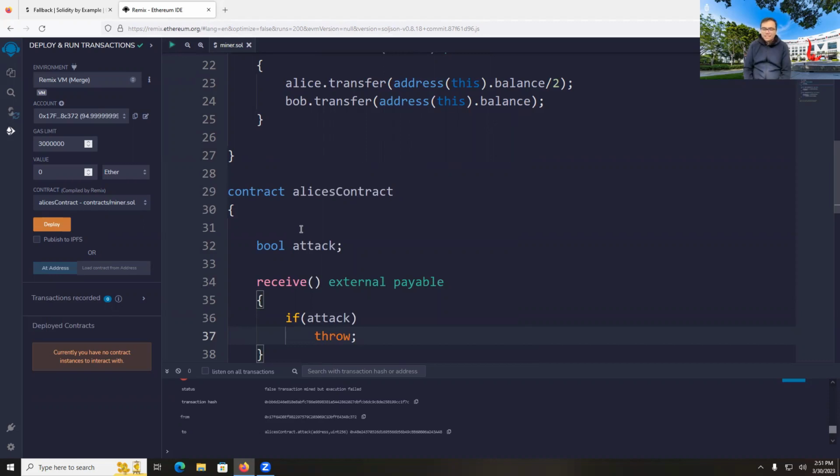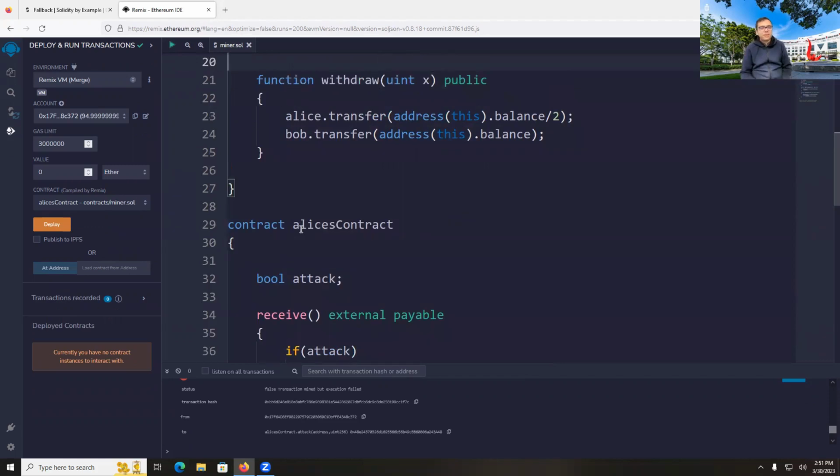So as Alice, I can just make sure that I can control when I do an attack. Okay, and now again, we're back to the whole extortion story and things like that. So I can tell Bob, you have to pay me some amount before I disable the attack, or otherwise your money is just going to be locked in this contract. As you see, it's interesting. You can do all sorts of things here. So you have to be very careful.